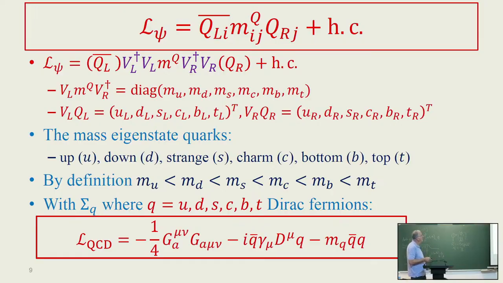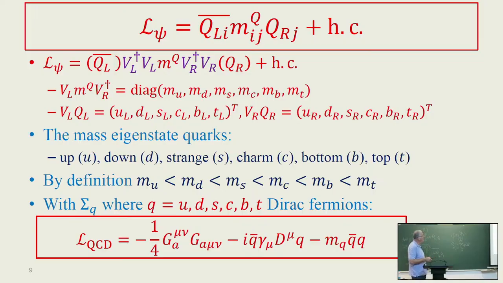I write it again, and I introduce a unit matrix here and a unit matrix there. So it's the same Lagrangian, but it allows me to change basis for the same Lagrangian. These V's are unitary matrices, meaning that V left dagger V left is 1 and V right dagger V right is also 1. So the same physics, the same Lagrangian.